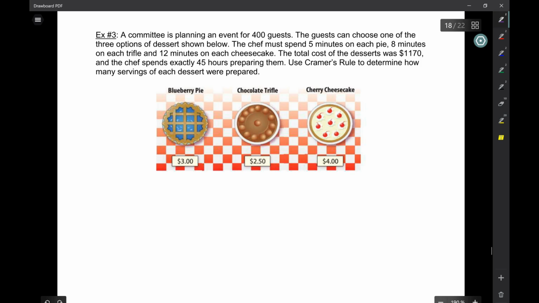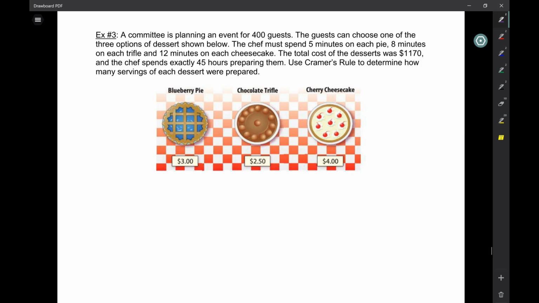Use Cramer's rule to determine how many servings of each dessert were prepared. All right, so 400 total guests, so there have to be 400 total servings of the 3 of these, okay?